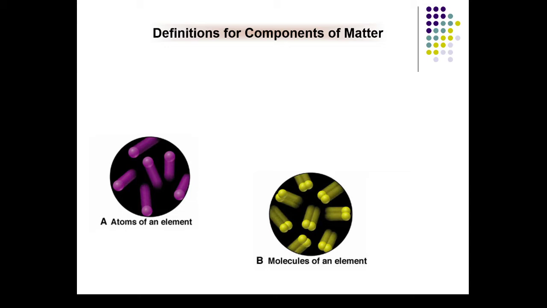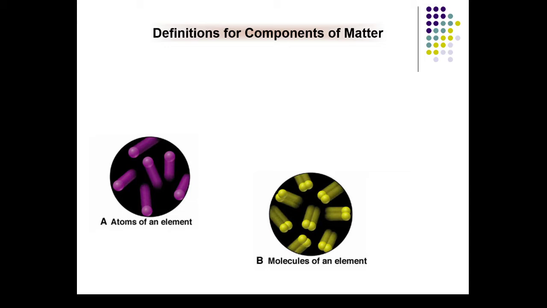So what I mean by that is oxygen and nitrogen and hydrogen and fluorine and chlorine and bromine, and iodine exist in nature as two atoms of the same element bonded together to form a molecule. O by itself isn't stable, so it bonds to another O to make O2.